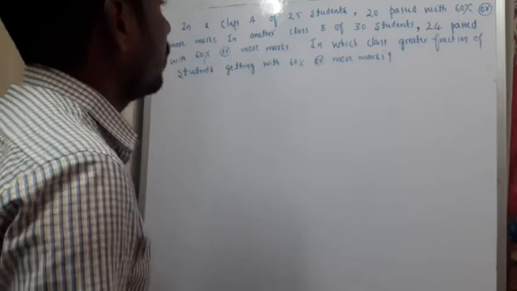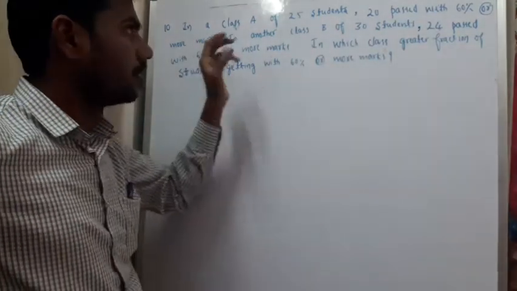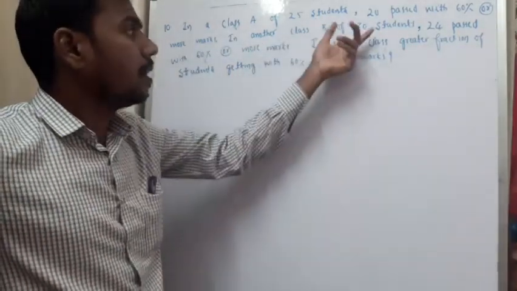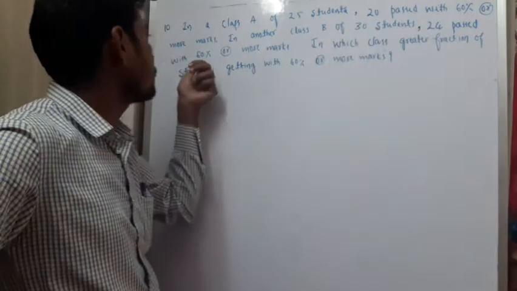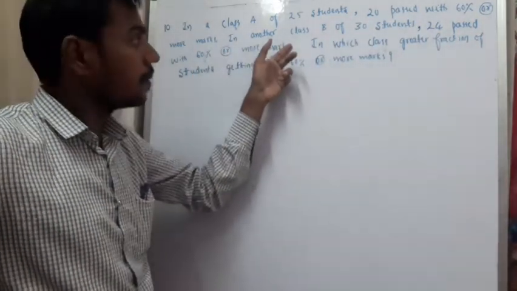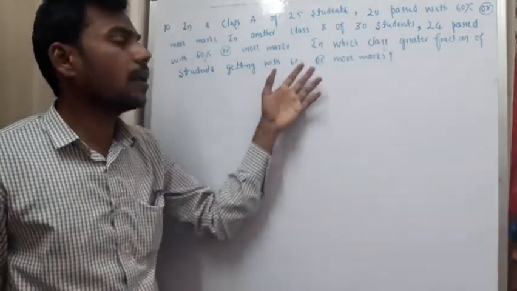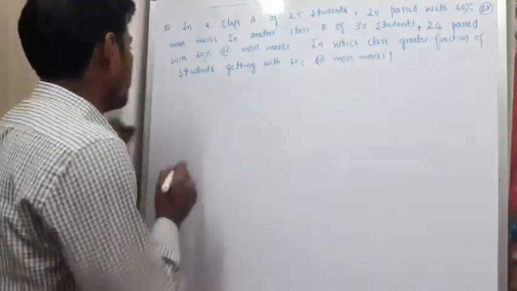So 10th question. In a class A of 25 students, 20 passed with 60% or more marks. And in another class B of 30 students, 24 passed with 60% or more marks. In which class greater fraction of students getting with 60% or more marks? So what we need to do?